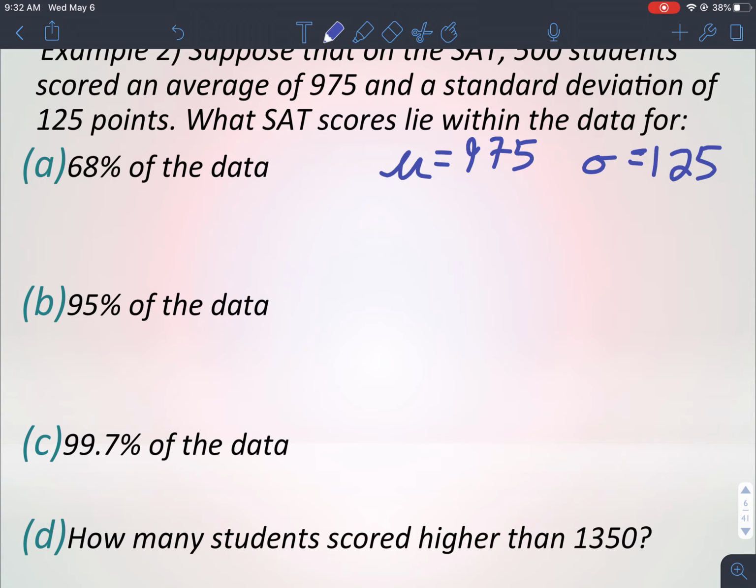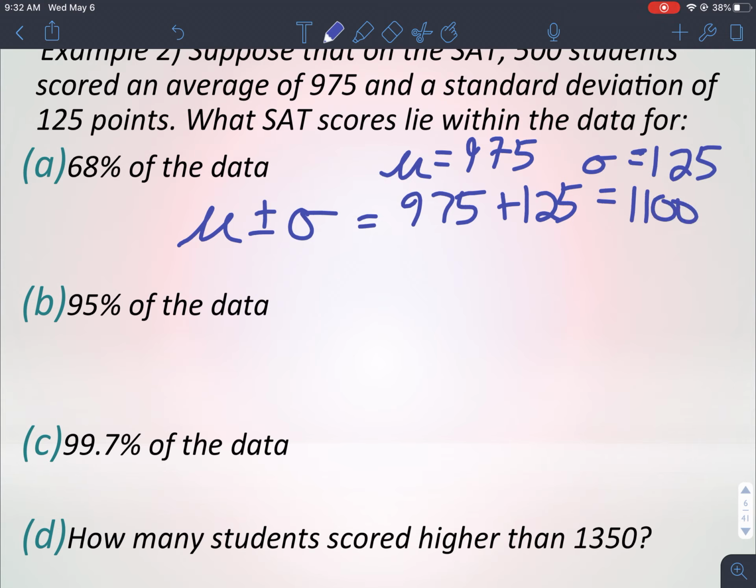Well, for this one, I'm going to add 1 standard deviation to each of them. So if I take 975 and I add 125, that should get me 1100. If I take 975 and I subtract 125, that should get me 850.